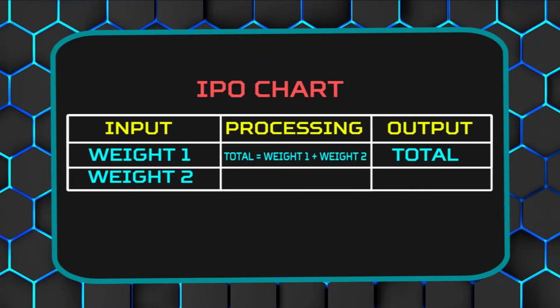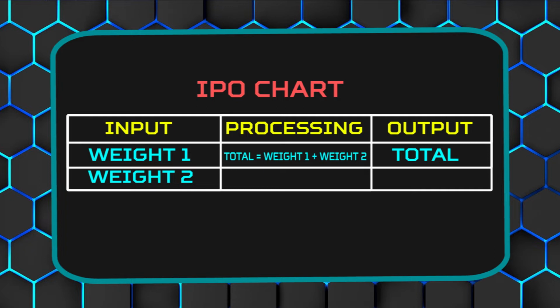Now the input process output, or IPO chart, would have the information of input: weight 1, weight 2. And the processing would be total equals weight 1 plus weight 2. And the output would be the total.